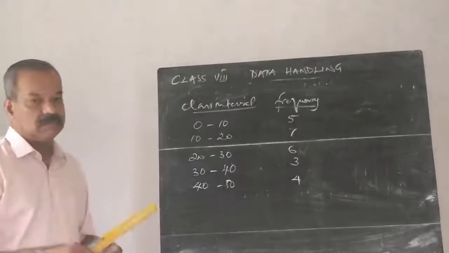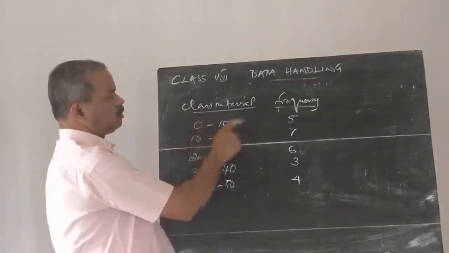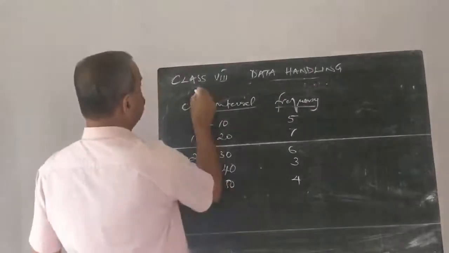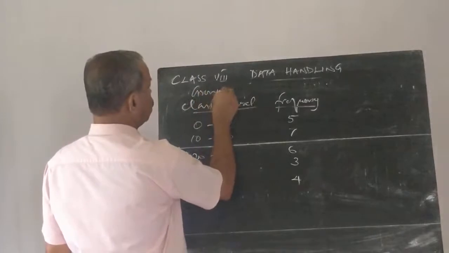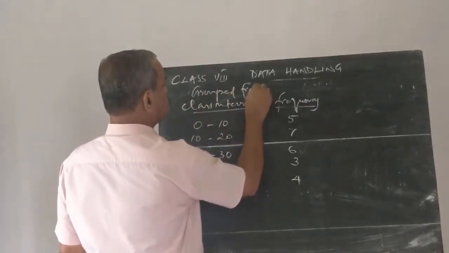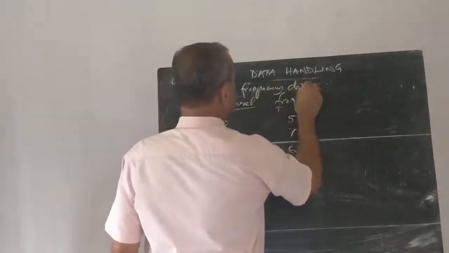Consider this. This is the grouped frequency distribution table.